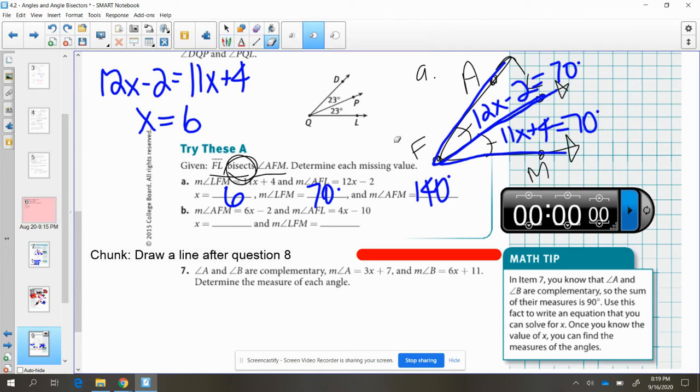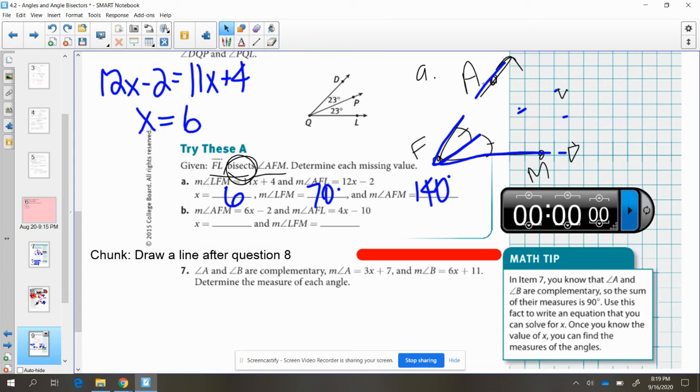Now, sometimes what you're going to see is like the next part we're going to talk about here with this problem. If we just erase a little bit of this, let me draw this in.